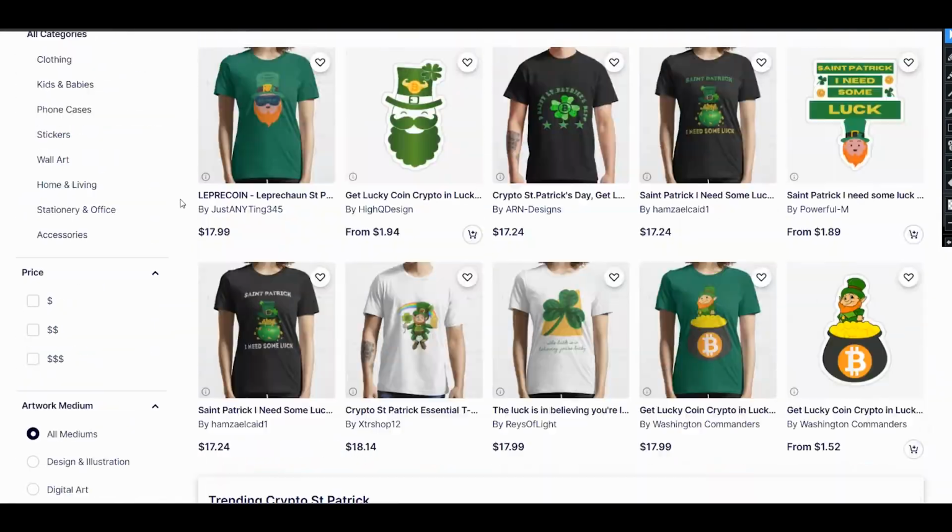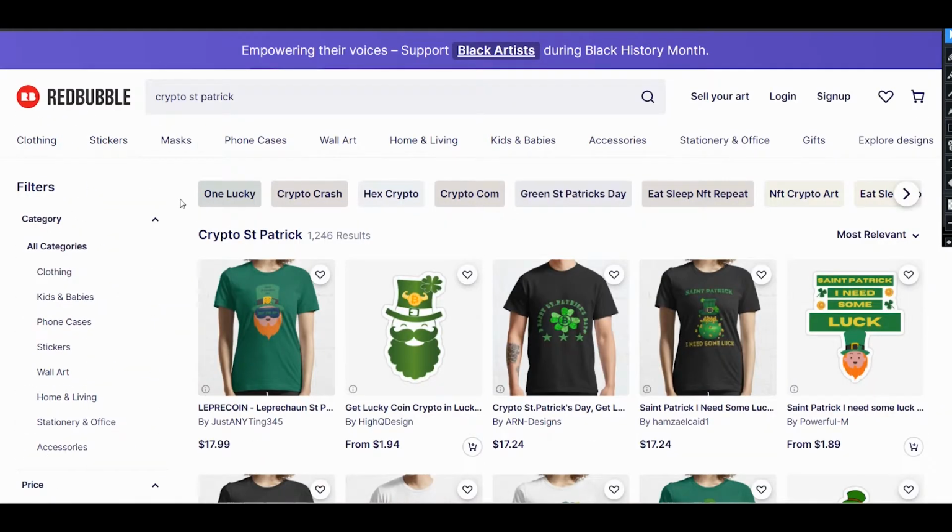But even in previous years, from my experience, I had some sales for St. Patrick's Day designs, and I think that this year we can find better sales.